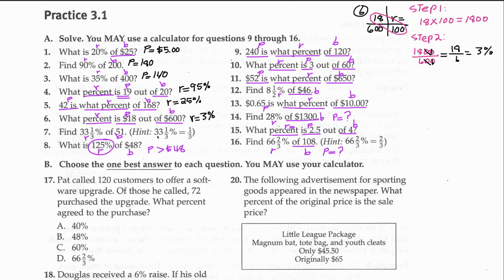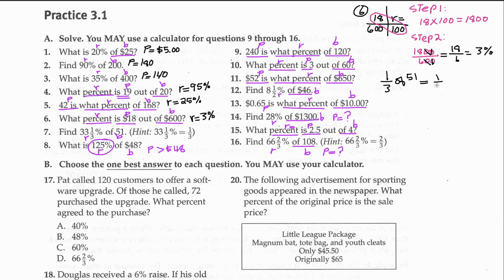It's no longer 33 and 1/3 percent of 51. So it looks like this: 1/3 of 51. That is the same.